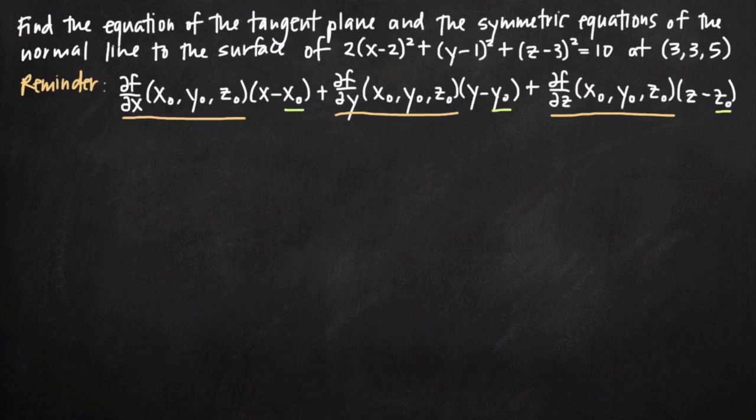Now keep in mind here that the tangent plane that we're finding is the surface or the plane which is tangent to this equation. Now this is the multivariable version of the equation of the tangent line, which we found as being tangent to some function in an xy coordinate plane when we were dealing with just single variable calculus. So where before we had some function like this, let's say like this, and then we had to find the tangent line to this equation at this point, and we calculated the equation of this line.